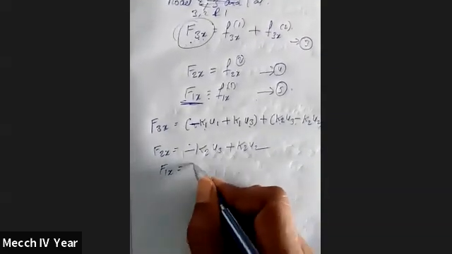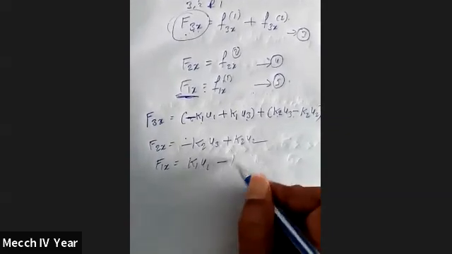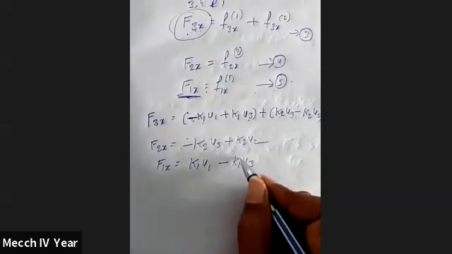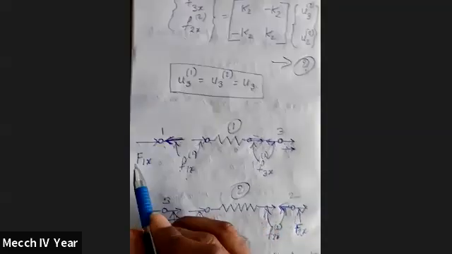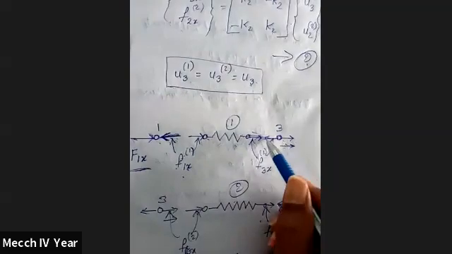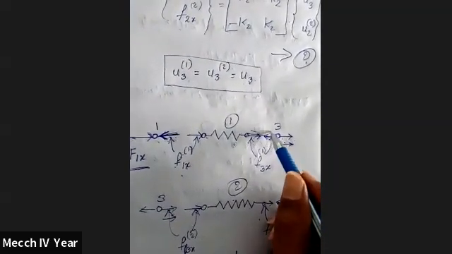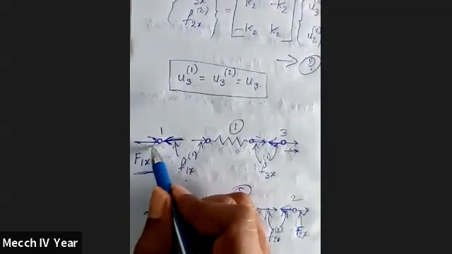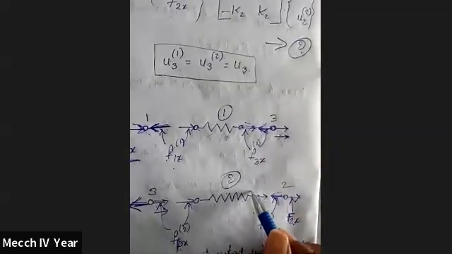Similarly, F1x is equal to K1 U1 minus K1 U3. That's the simple thing. So here force F1x. Now we can take this one and this one.